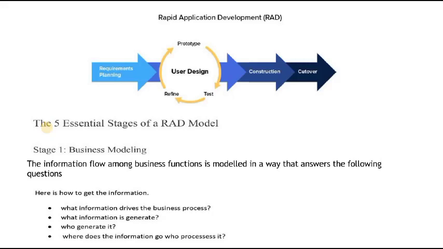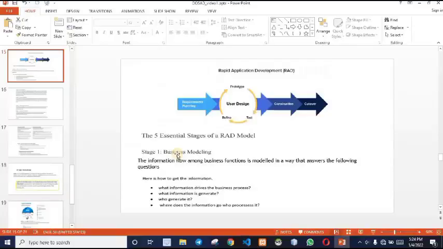Here is how to get the information. What information drives the business process? What information is generated? Who generates it? Where does the information go? Who processes it? Once you answer these questions, the first step of the RAD model will be completed.